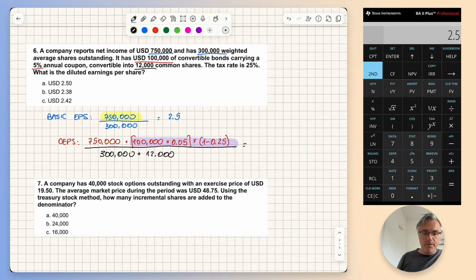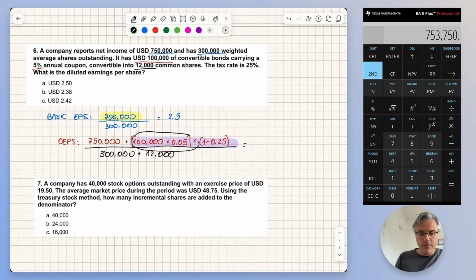So making that adjustment, let's see what that gives. 750,000 being the numerator, plus 100,000 times 0.05, so that's going to be 5,000, multiplied by 0.75 for the tax shield, and divide that by, in the denominator, 312,000. So that gives 2.42 when rounded. And that is, once again, our diluted EPS.